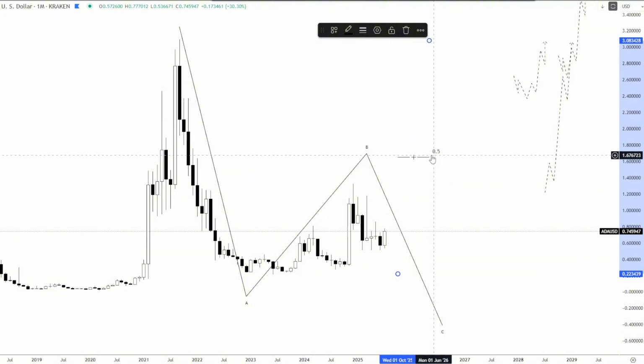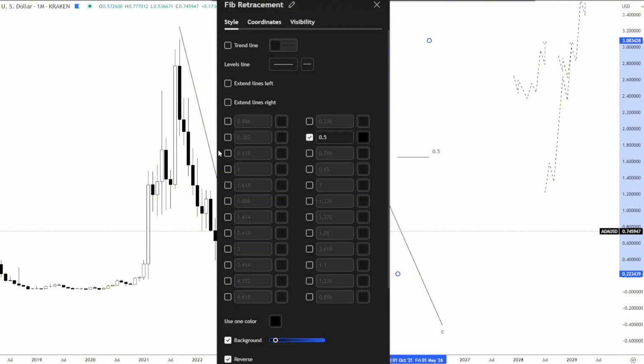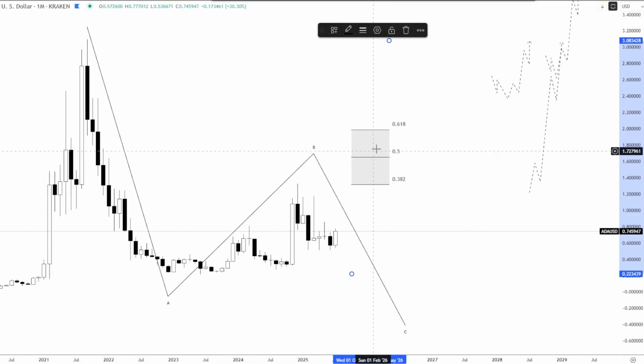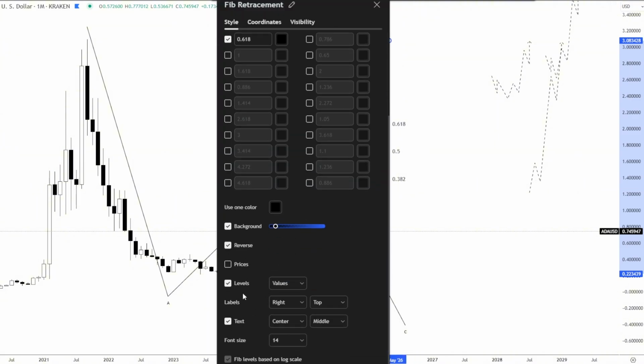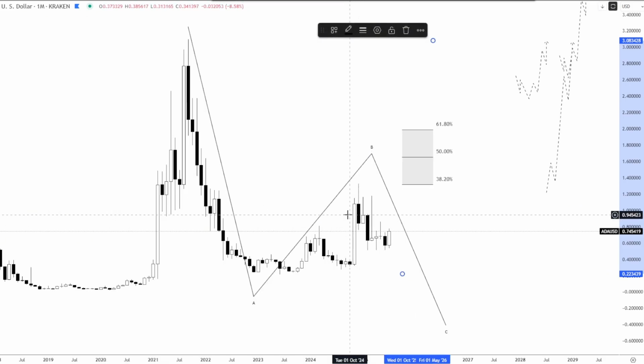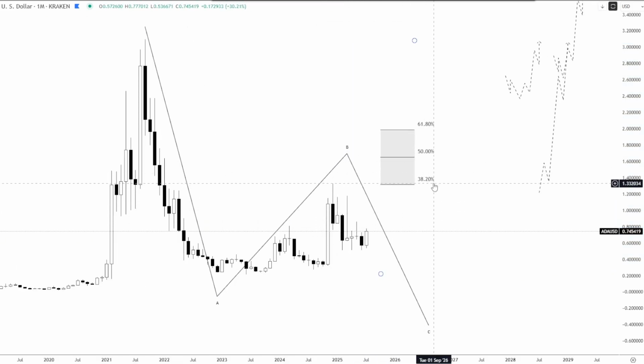The most common retracement area for a wave B is the 38.2% level. Let's take percents. Is the 38.2% level, and the next likely one is the 50%, and so on.